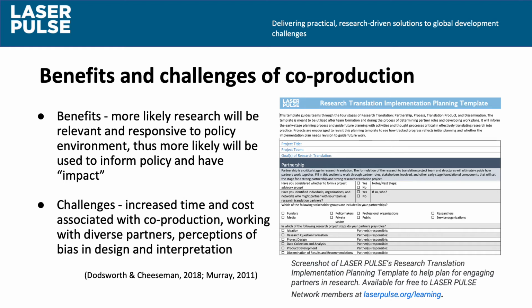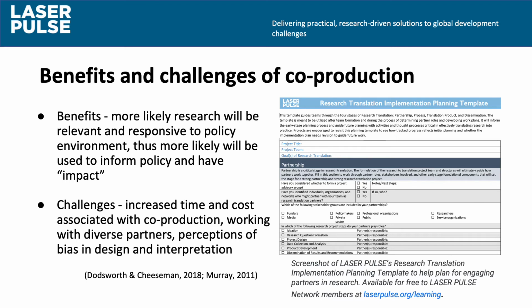Deeply engaging partners in the co-production of research, however, also requires an increased investment in time and other resources, as well as the challenges associated with working with a diverse group of research partners who may not have similar backgrounds as researchers. And finally, depending on the policy environment, there may also be challenges associated with the perception of bias if researchers are partnering with certain policy actors, including bias in how the research is designed, as well as how the findings are interpreted.